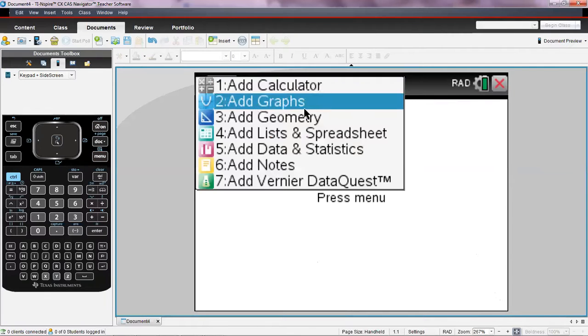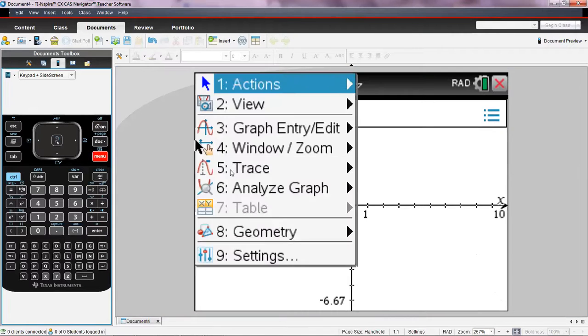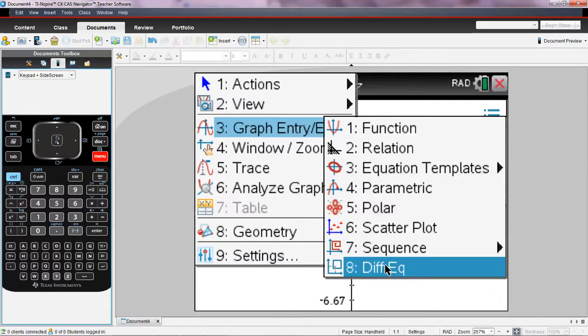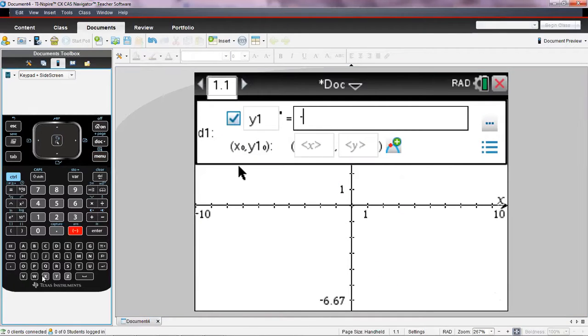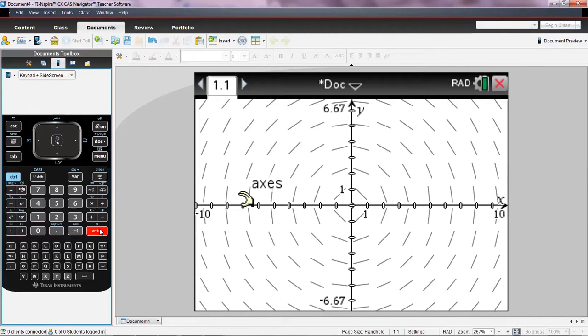I don't save. Graph, menu, entry, differential equations. Then I put negative x over y1, remembering the y here is y1. Then you press enter, and you're going to see the slope field.